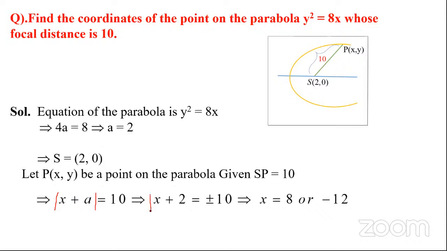So it is mod x plus 2. When we remove mod, the value will be equal to plus or minus. So mod x plus a equal to 10, x plus a equal to plus or minus 10. So we have a point here, SP, whose focal distance is equal to 10. So the condition satisfied by the point is x is equal to 8 or x is equal to minus 12.